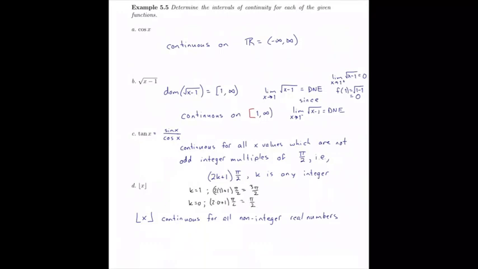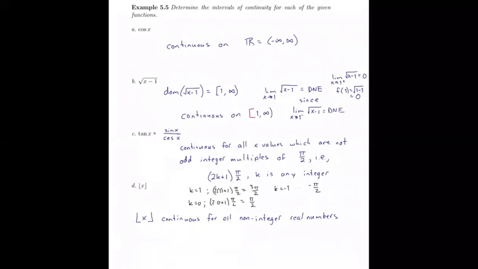That's another one of the angles I named. When k is negative 1, I'll let you do the work here, but you get negative pi over 2. Right, so all of these odd integer multiples of pi over 2 come out of this formula. So this is a nice, concise, mathematical way of listing all the numbers at which tangent of x is not continuous because it has a vertical asymptote there. So its limit doesn't exist at those points.